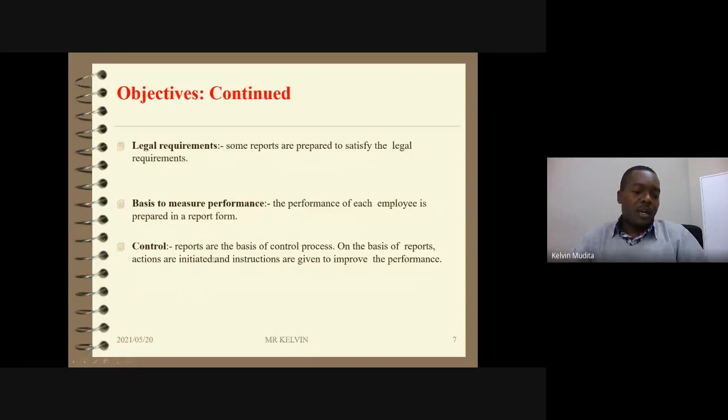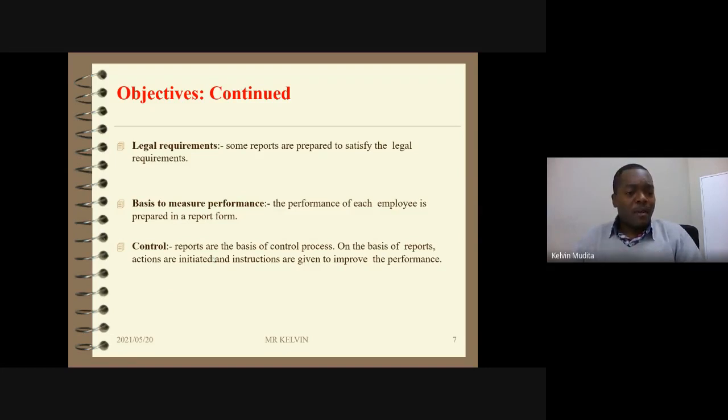Then also, we need to comply with legal requirements. There are some reports that are needed maybe on a quarterly basis, like health and safety reports. You need to report those on a quarterly basis. That is a legal requirement. The government needs you to report on the health and safety of your organization.